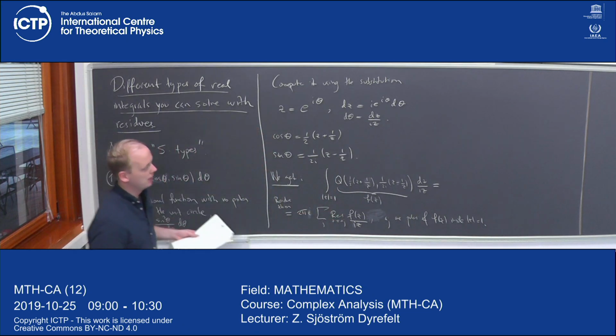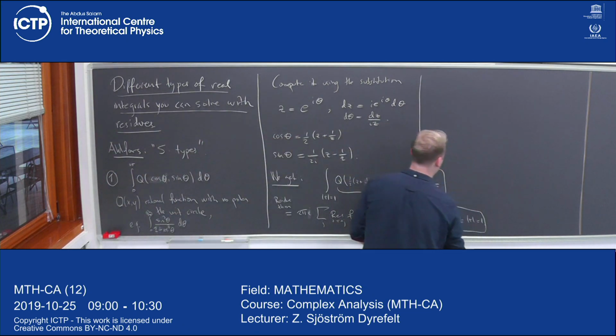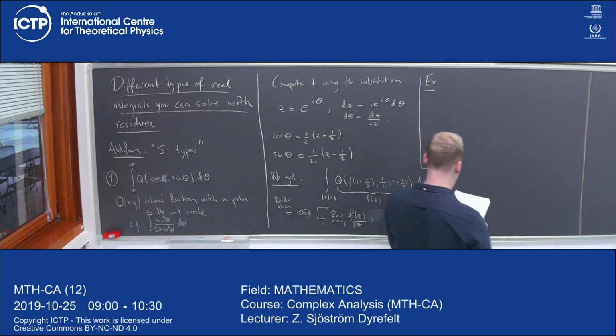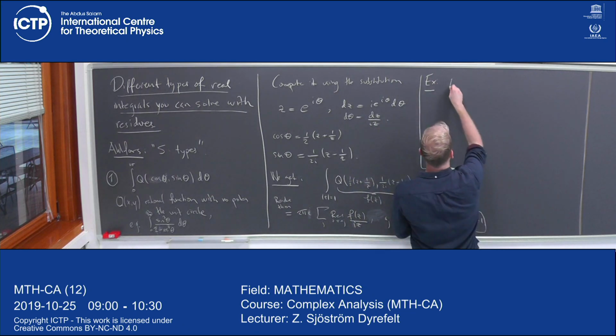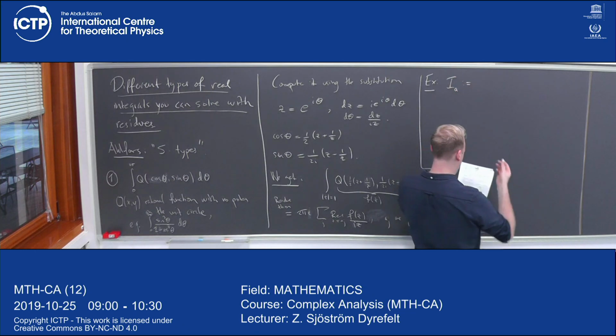So let's try an example, just to illustrate it in practice. Let's say I want to compute the following integral. Let's call it I of a, so it depends on the parameter a.